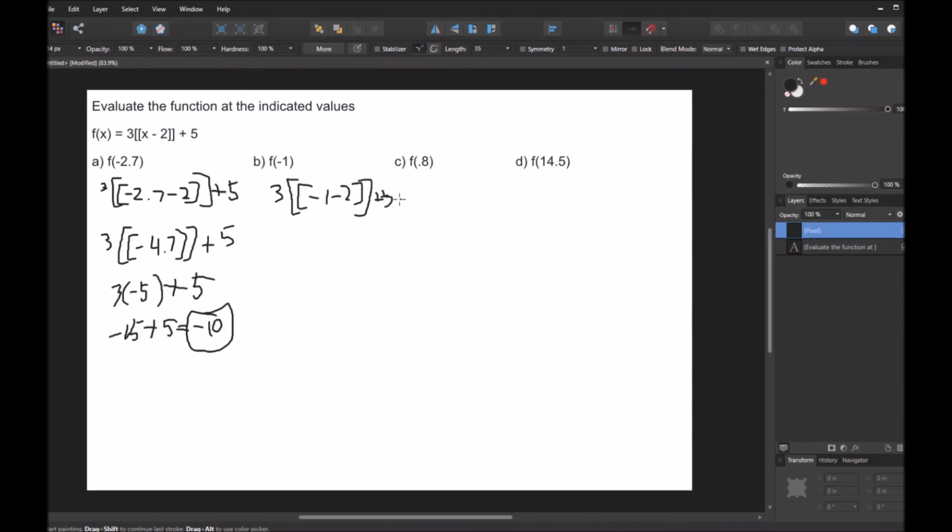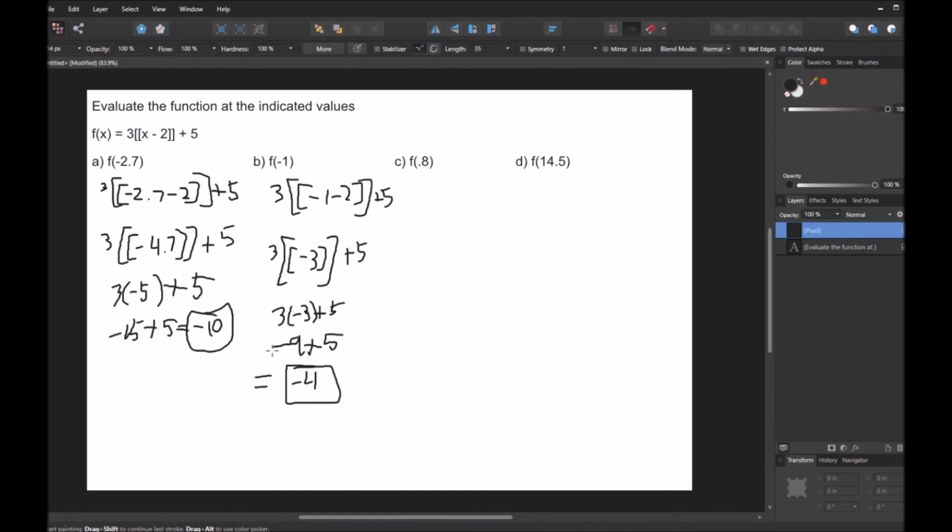Negative 1 minus 2 is going to be negative 3, so we're going to have 3 times negative 3 plus 5. And now the greatest value integer less than or equal to negative 3 is just negative 3. So we're going to have 3 times negative 3 plus 5. So that's negative 9 plus 5, which is negative 4. That would be your answer for that one.